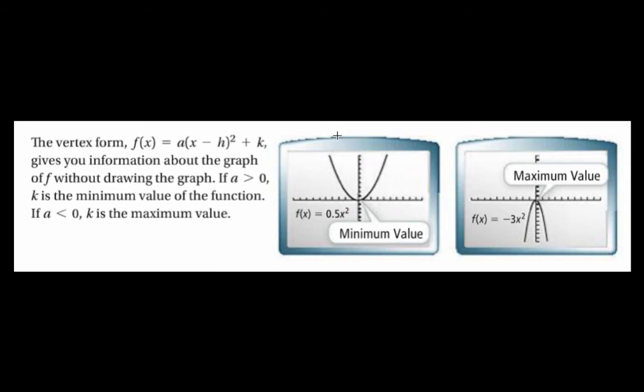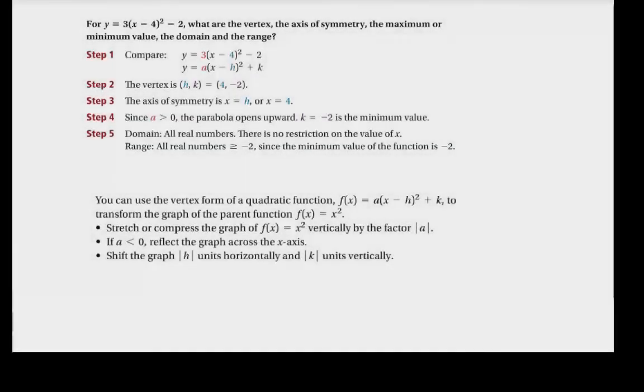And that kind of makes sense because if it's a parabola that opens up, and we know that k, wherever k is, that's the vertical translation, that's where we get our maximum and minimum values, okay? So if there is no k value in our form, then we know that the minimum or the maximum value is going to be 0. And if k were -2, then the minimum or maximum is going to be -2, depending on whether our parabola opens up or down.